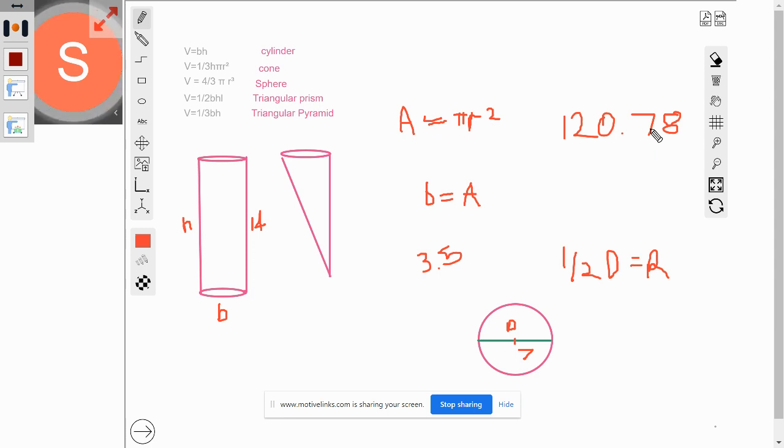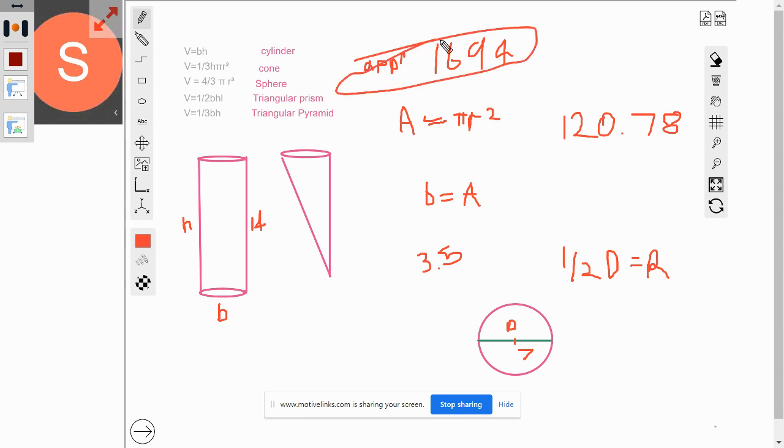So I'm just going to do 121 times 14, which would be 1,694. Well, this is approximately our volume for this cylinder right here.